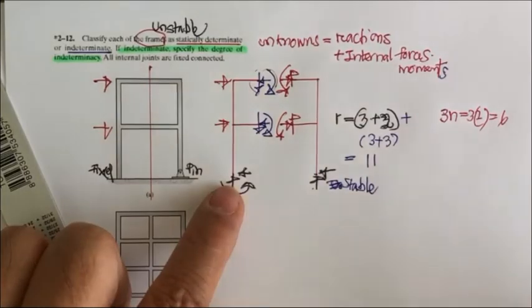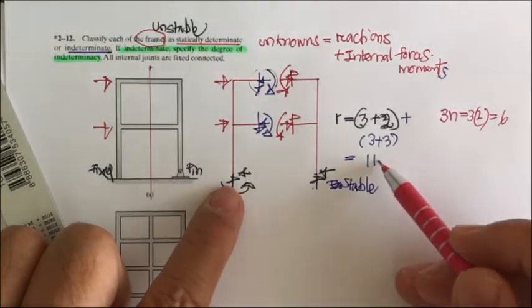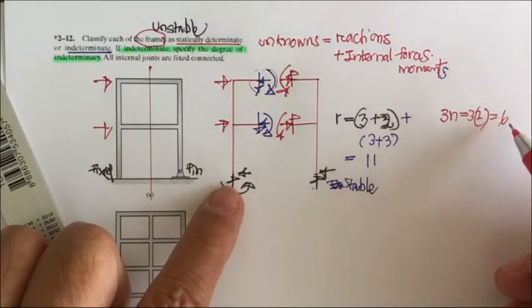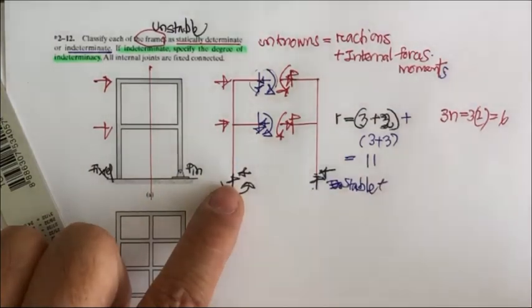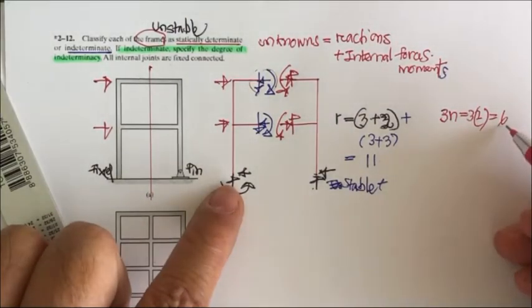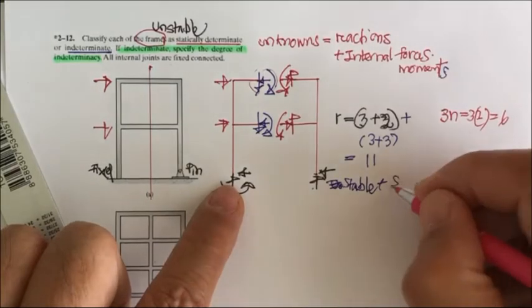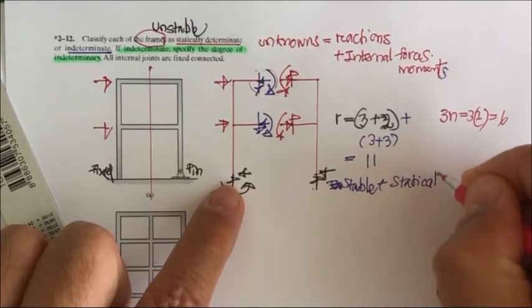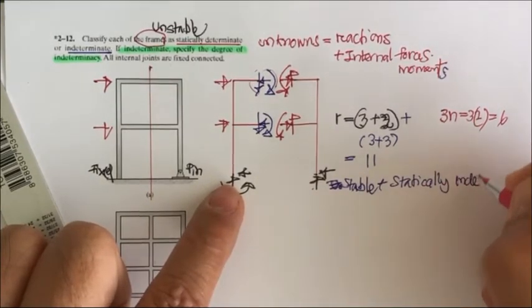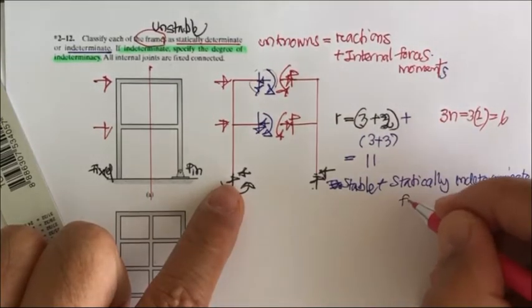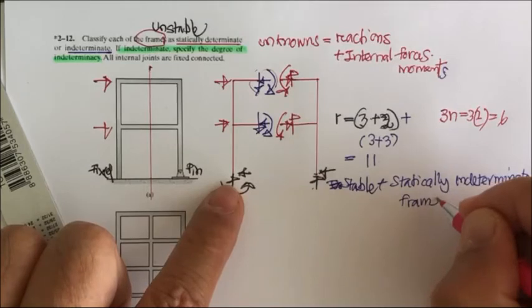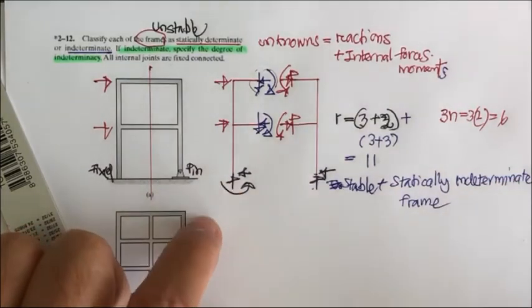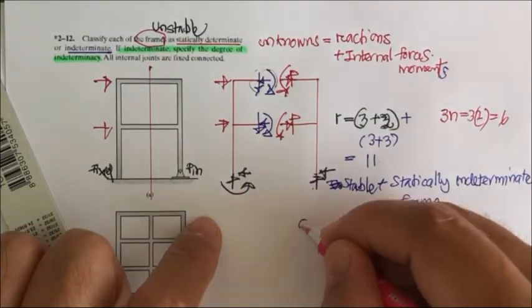And it has more unknowns than equations of equilibrium. So this is a statically indeterminate frame. And what is the degree of indeterminacy?